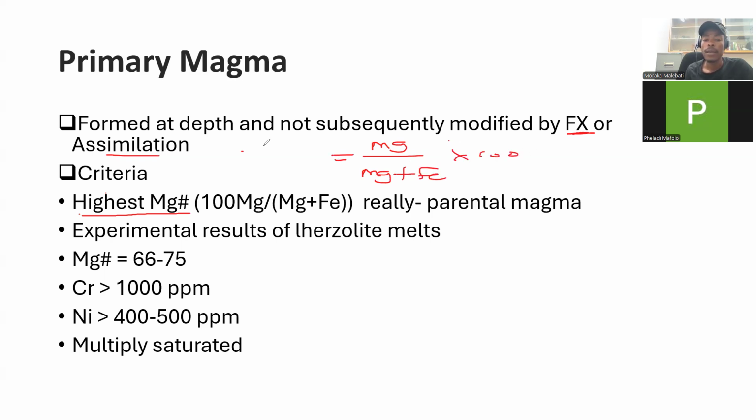Then this will give you the magnesium number. Okay, so the magnesium number of the primary magma must be, like I said, the highest, at least greater than 10 weight percentage.